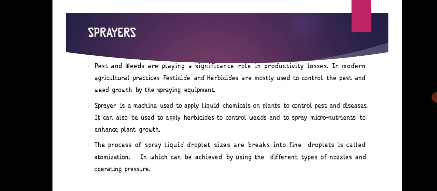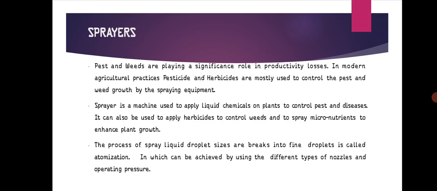Sprayers. Pests and weeds play a significant role in productivity losses. In modern agriculture practices, pesticides and herbicides are mostly used to control pest and weed growth by spraying equipment. A sprayer is a machine used to spray liquid chemicals on plants to control pests and diseases.